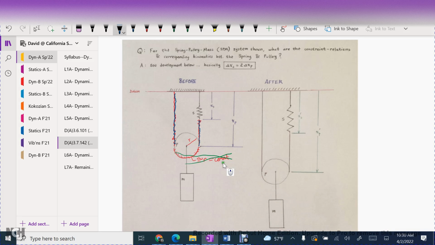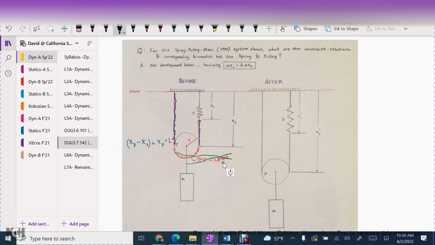And to do that, I think you would agree it's going to be xp minus xs, that's the right little segment. Then I have to add back in the left segment, which is xp, and all of that, let me just say, is going to be some length of rope.